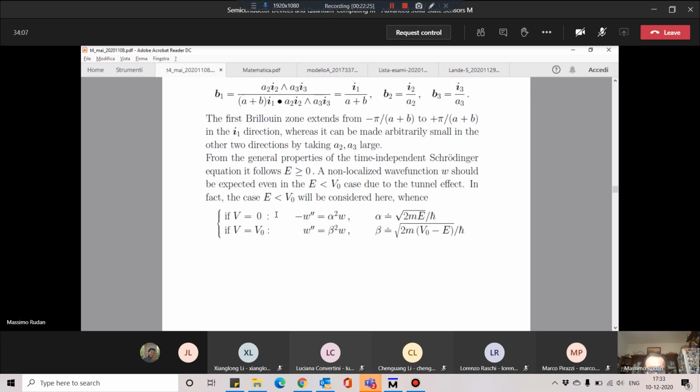But now we introduce the theorem that tells us that in the special case of a periodic potential energy, we know a priori that the solution W of the Schrödinger equation has a special form. And next we are going to see what this special form is.